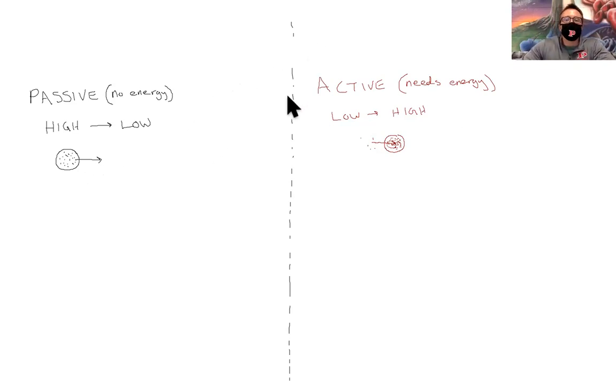So here are some other words that you might see. You might see moves with the concentration gradient.